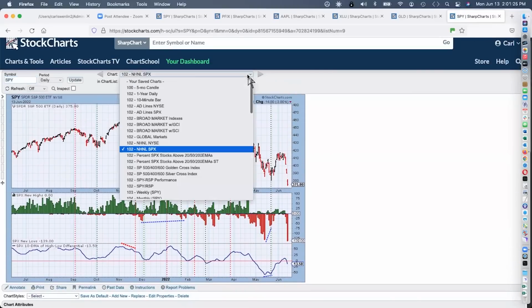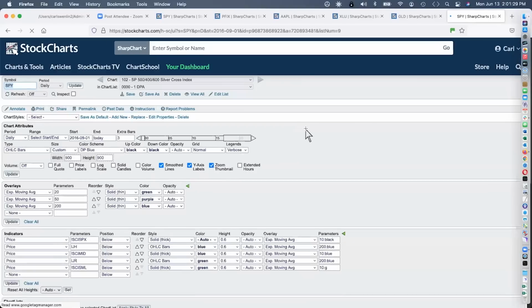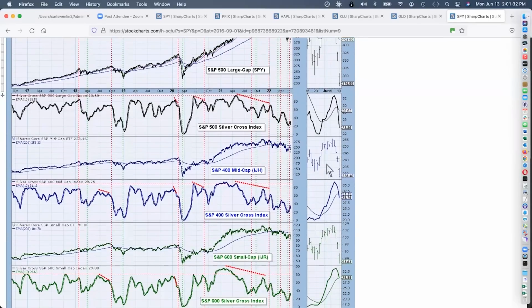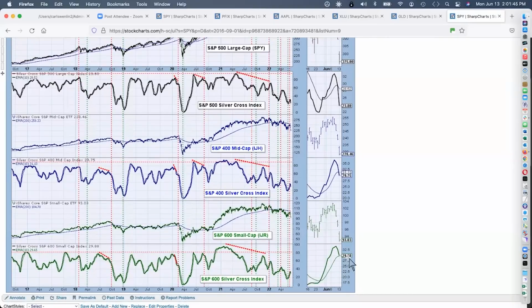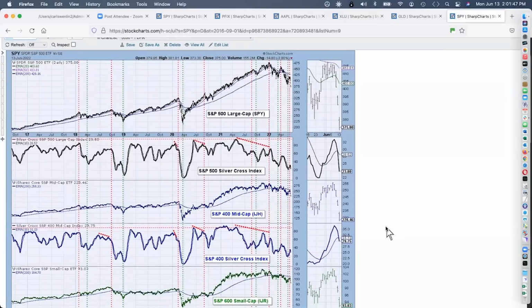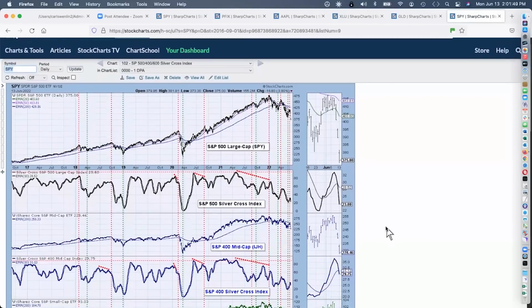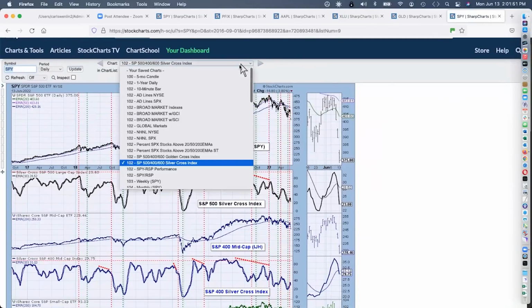Let's look at the Silver Cross Index for today. So it turned back down. The large caps are at 24, mid caps 30, and the small caps at 30. So it's still dropping and definitely in bear market territory.